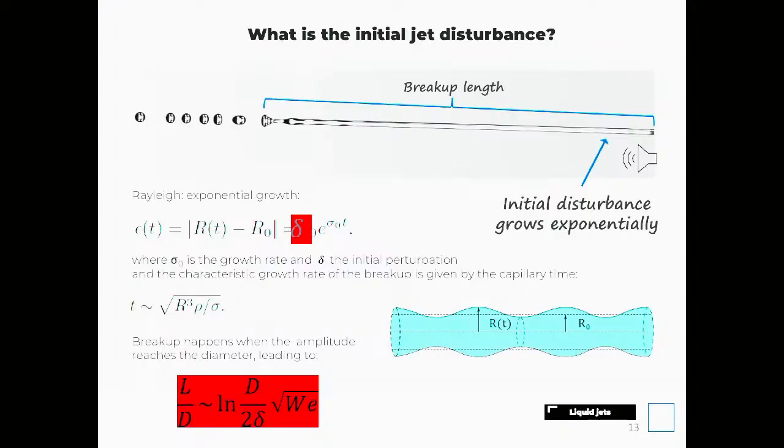Yeah, and so in theory, the Rayleigh theory says there's an exponential growth with some growth rate, the inverse of the, or the same thing as the frequency with which I moved my piezo, but I need some initial perturbation that should grow until the thing breaks up.